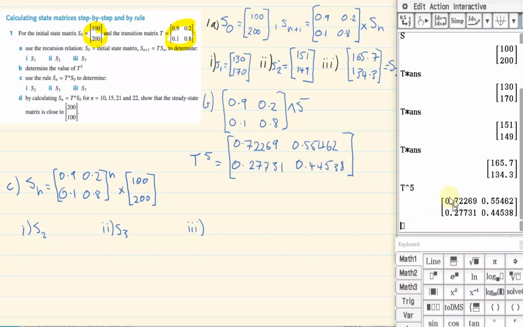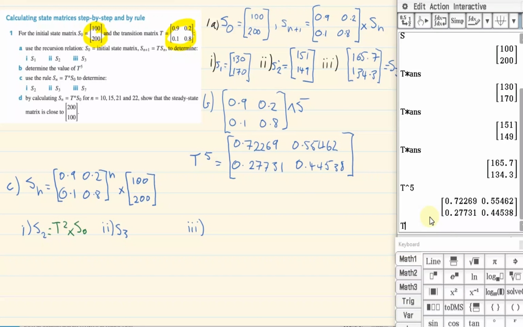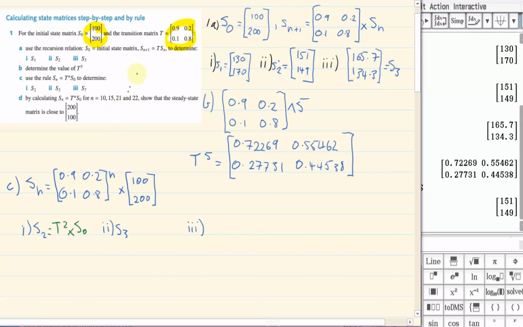I've already got T and S specified, so for a clear demo, I perform T to the power of 2 times S0. That's equal to 151 and 149.